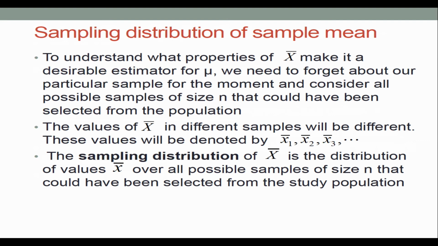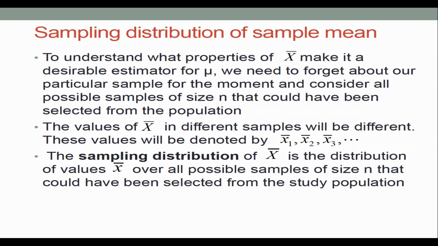To understand what properties of the sample mean make it a desirable estimator of mu, we need to first forget about our particular sample for the moment and consider all possible samples of size n that could have been selected from the population. The value of this capital X bar, you see I'm using the capital letter, means this is a random variable.